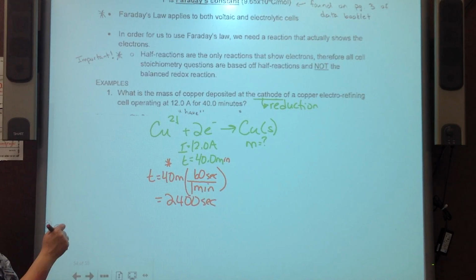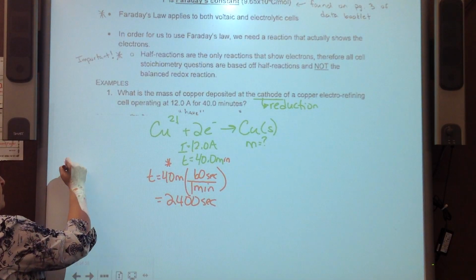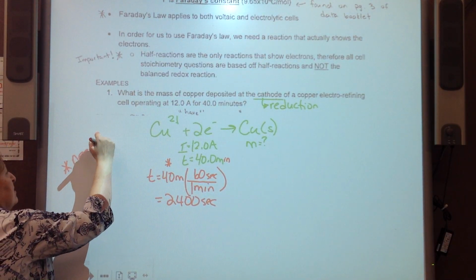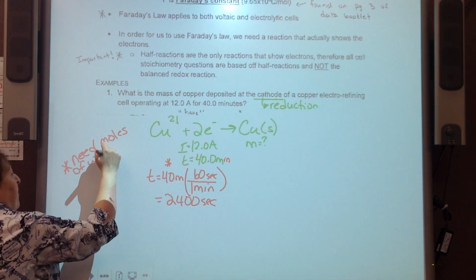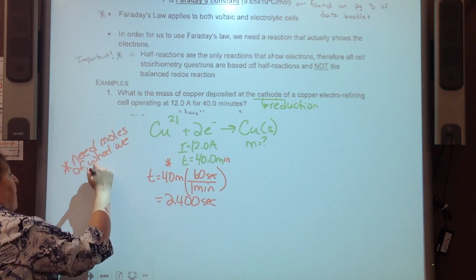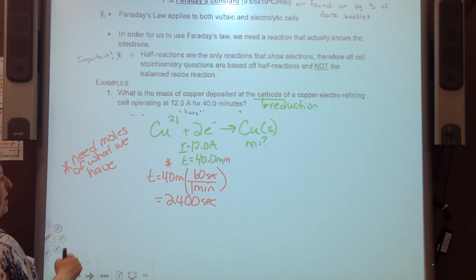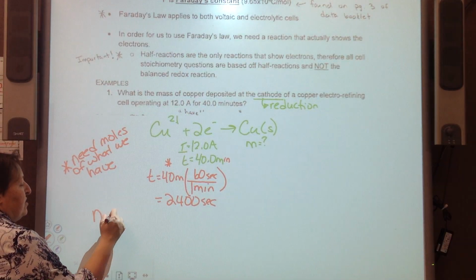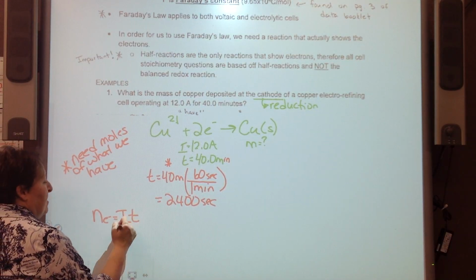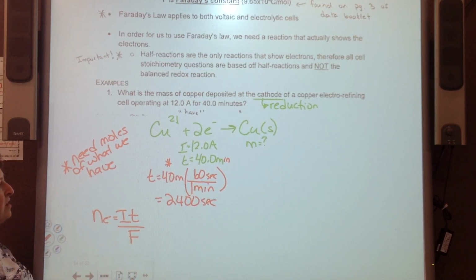So just like in any other stoichiometry question, we need moles of what we have. And the way that we do it in a question like this, n of electrons equals It over Faraday's constant.